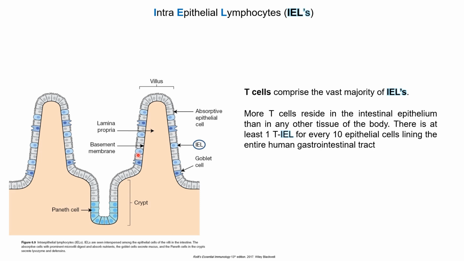B cells, once they become fully activated and can differentiate into plasma cells, most of them, not all of them, some of them stay within the mantle of the germinal center, but most of them actually go to the bone marrow, and they're constantly pumping out antibodies into the blood.